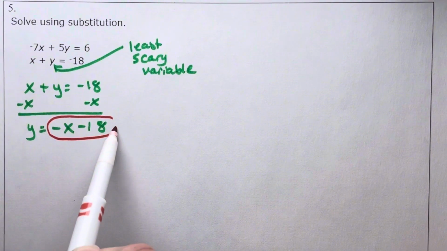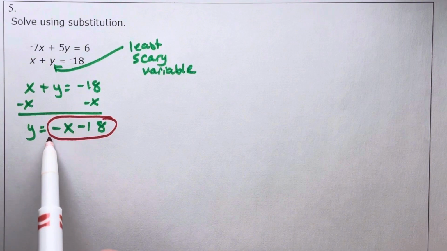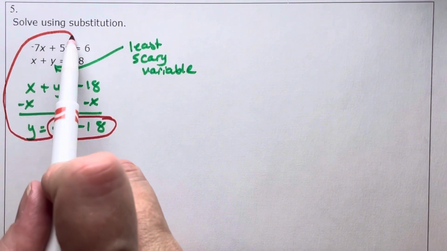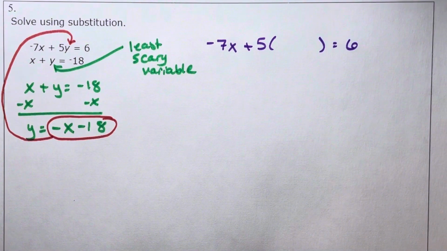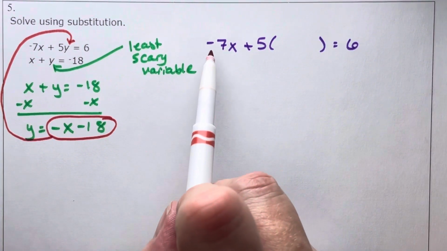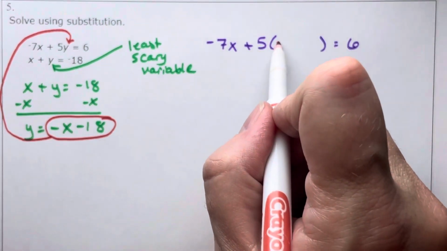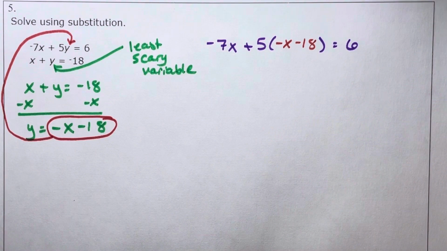And now we can go ahead, circling its equation part, and prepare to substitute into our other equation for its variable. Let's see what that's going to look like. With the substitution, we see -7x plus 5 times the quantity of -x minus 18 equals 6.